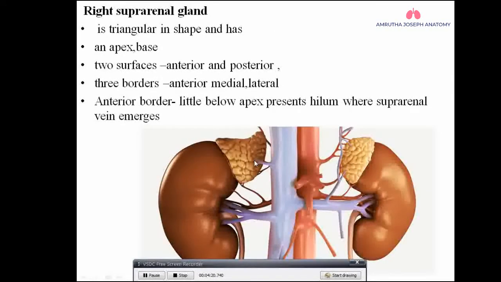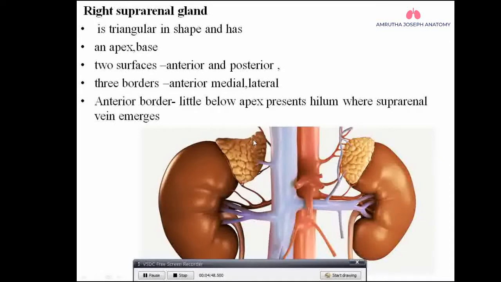Now let's see the details of the suprarenal glands, right and left. First we'll see the right one. The right is triangular in shape and has an apex and a base, an anterior surface, and a posterior surface on the other side. There are three borders: anterior border, medial border, and lateral border.